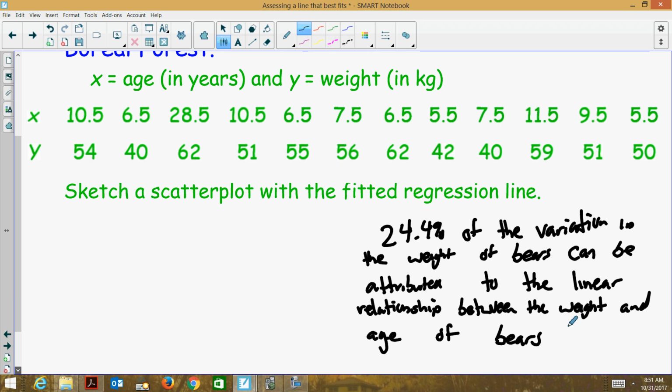Probably things such as the species of bear or the gender of bear or the amount of food they consume or even the time of year that a bear is seen. So, our coefficient of determination helps us to clarify more of what we know about our linear model. The higher the percentage, the more we know about the relationship between our two variables.